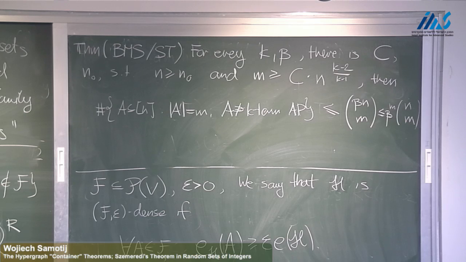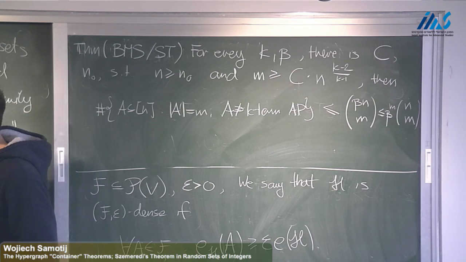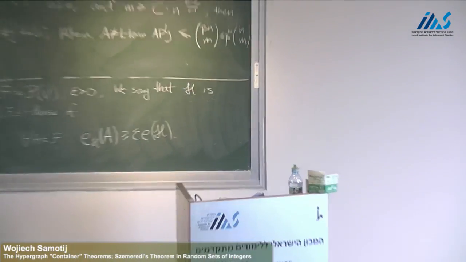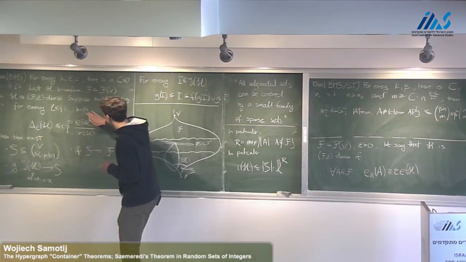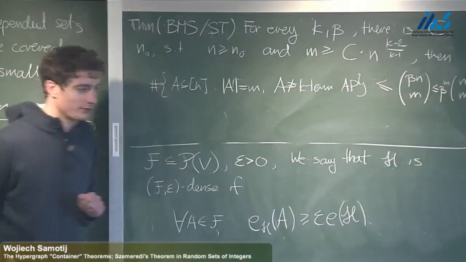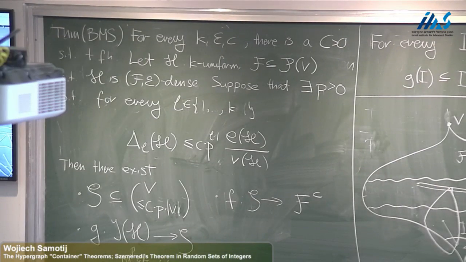And for this problem, the restriction which determines the threshold is the one with L equals k minus 1. Oh, sorry. The one with L equals k. I made a typo there.